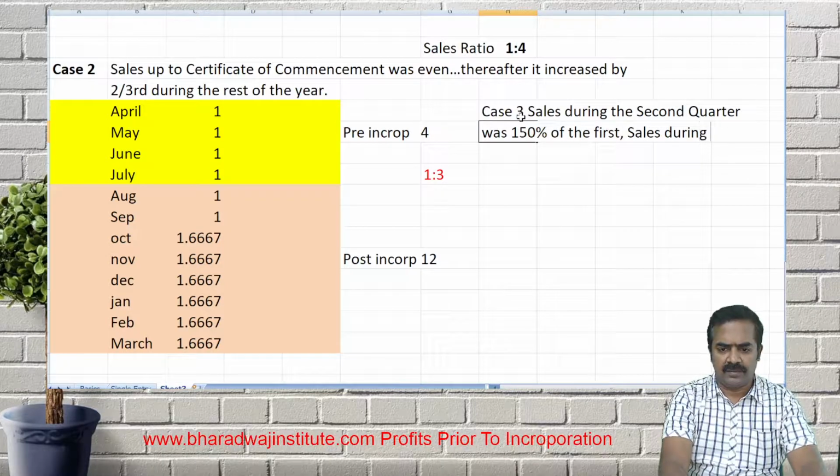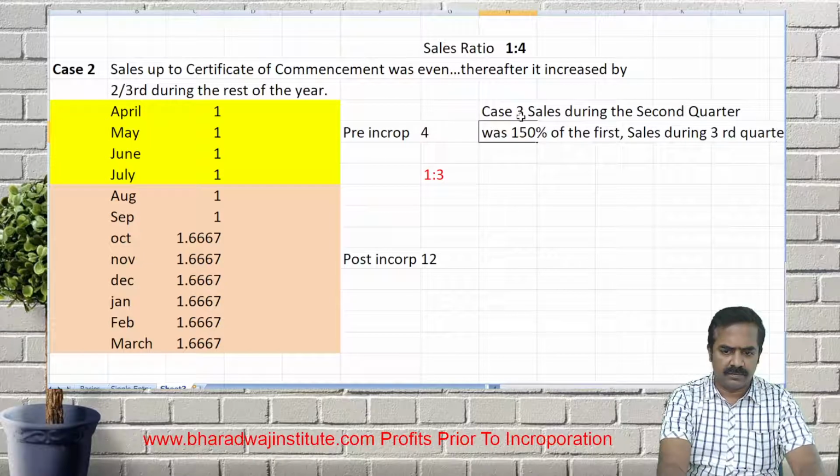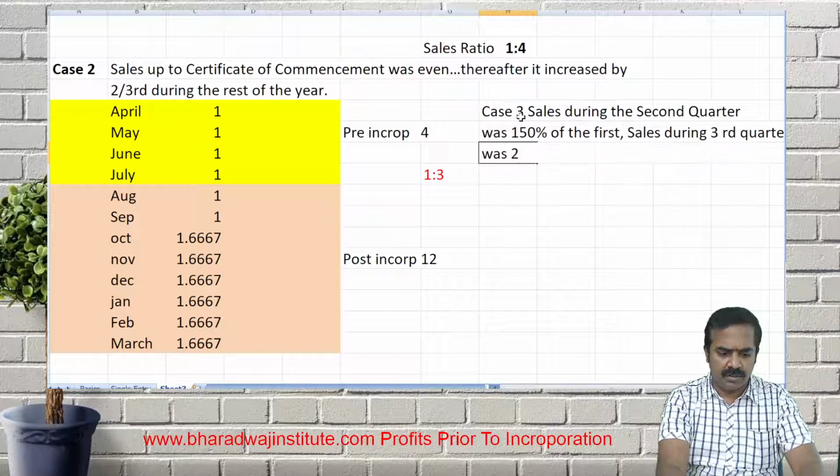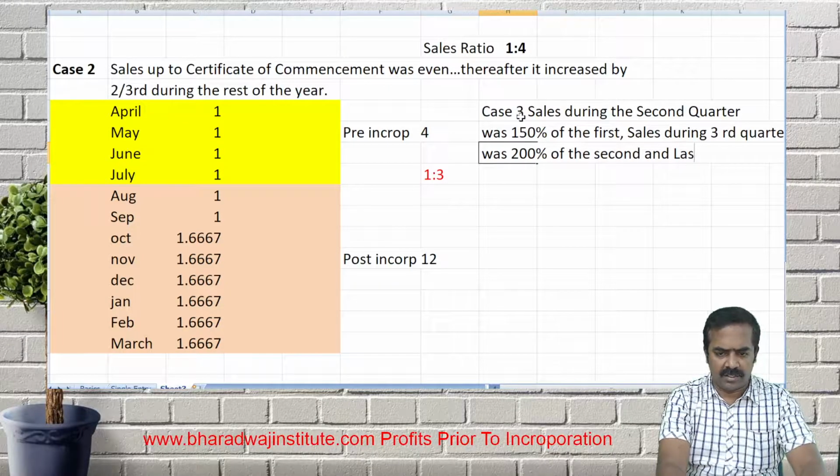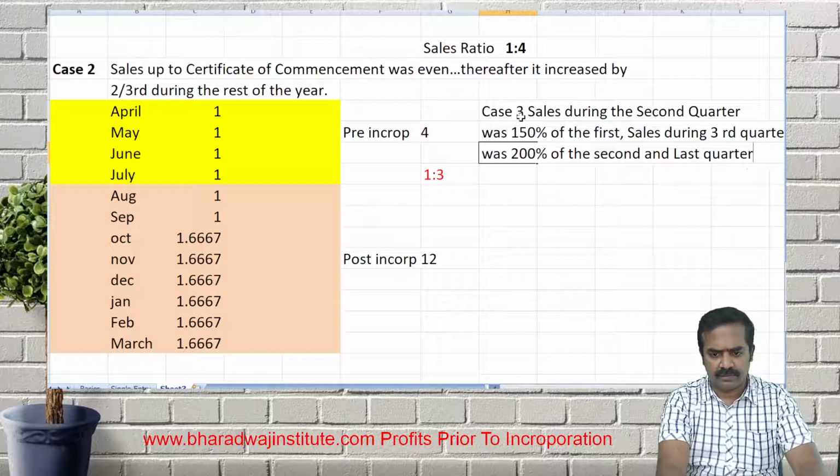Sales during third quarter was 200% of the second, and last quarter 2/3 of the third quarter.